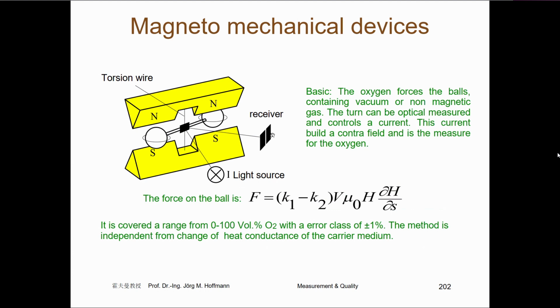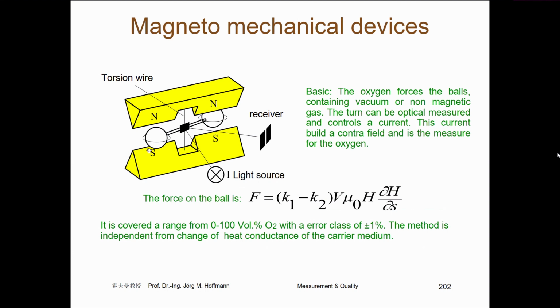This is a photodiode with a gap, and you see in which direction this beam is going, and then you give a current via these torsion wires to this coil, and this current produces a magnetic field and moves the ball again inside, into the middle of this magnet.